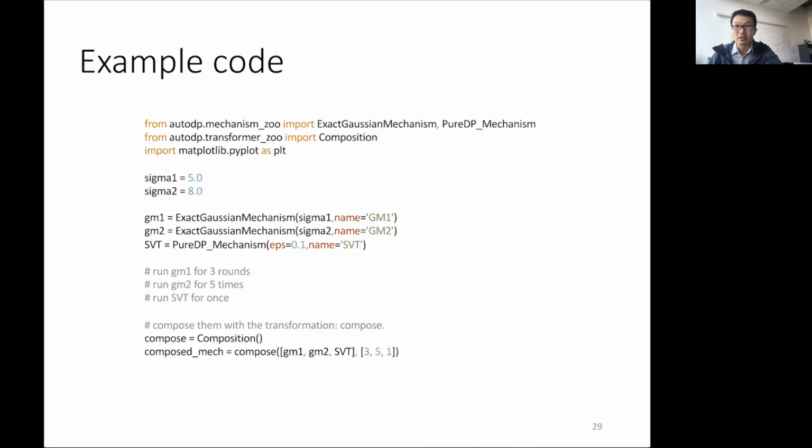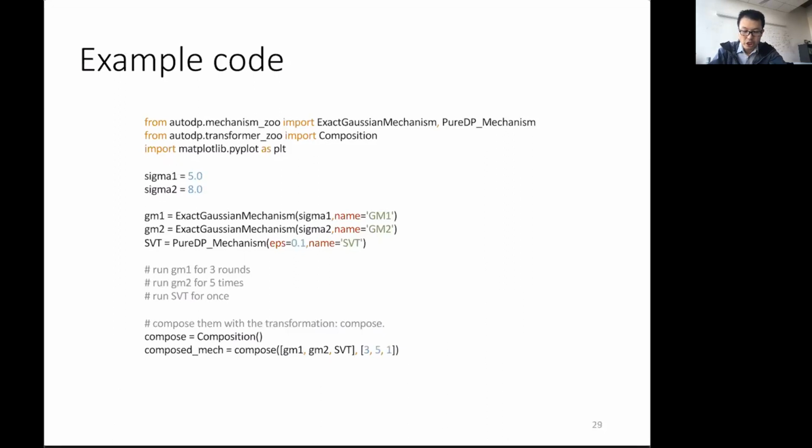What a typical user should do is import from this largish library of different mechanisms that are already implemented, and then import a callable object called a composition, and then declare these mechanisms. Say declare 2 Gaussian mechanisms and 1 sparse vector technique, and then you can compose these mechanisms together into a new mechanism.